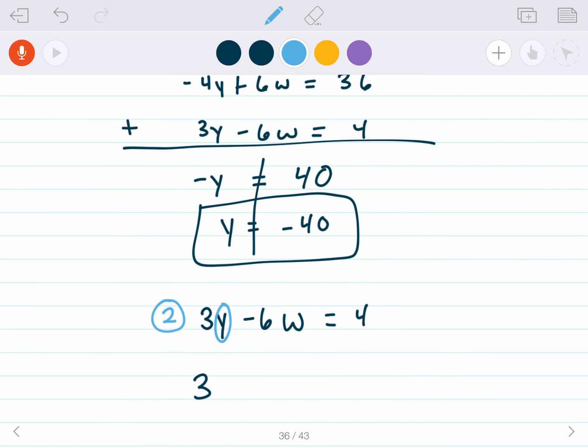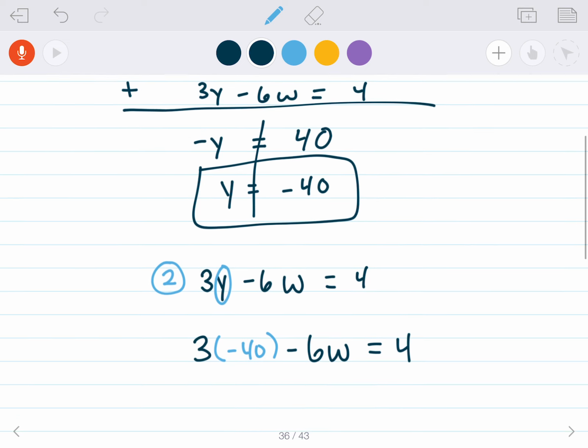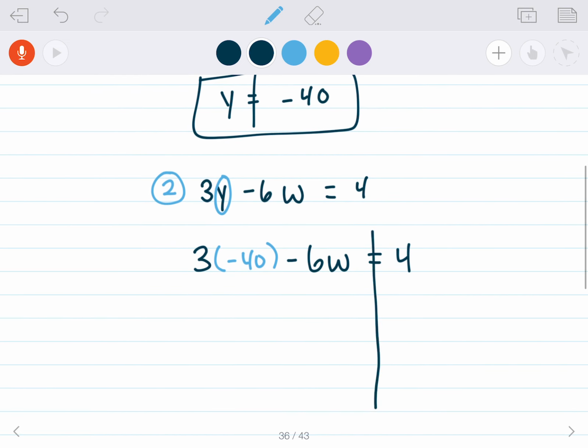So I get 3 times negative 40 minus 6w equals 4. So 3 times negative 40 is negative 120, right? Let's make sure my math is right. Yeah. Negative 120 minus 6w equals 4.